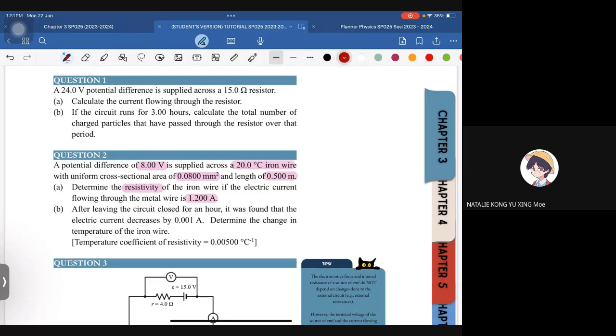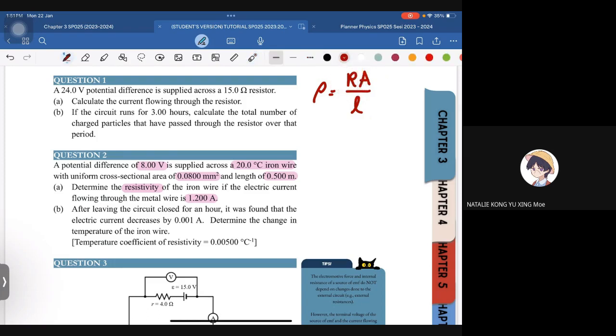Okay, so sekarang ni kalau hafal senang lah kan. Kita tahu resistivity tu RA over L. Tapi hafal guys, kita kan ada formula sheet. Kamu just rearrange untuk resistivity. Okay, so sekarang ni kita sudah ada A, kita sudah ada L. Tapi sekarang ni kita tidak ada value R. So macam mana kita mau cari R ni?